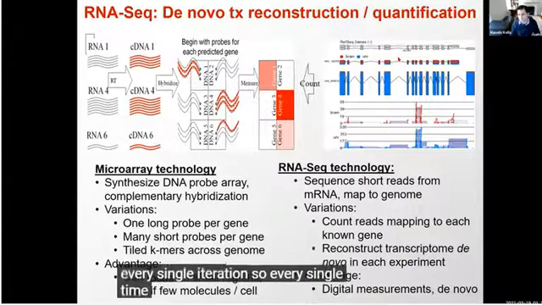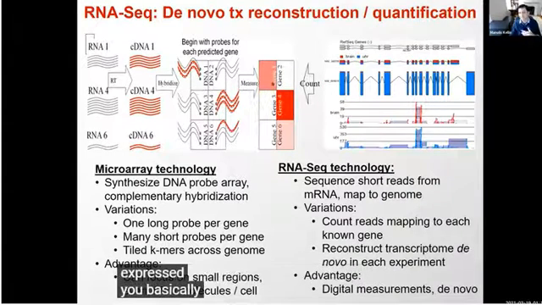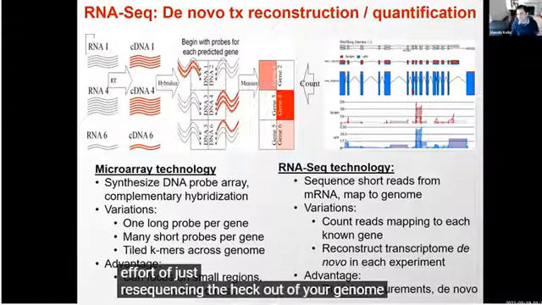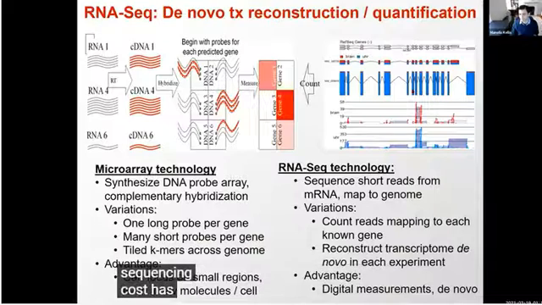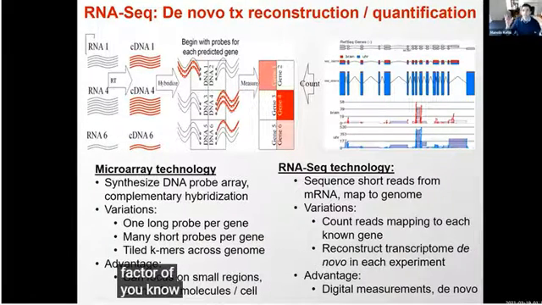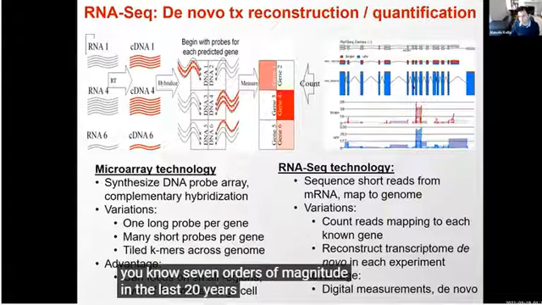So every single time you want to figure out which genes are expressed, you basically go through this wasteful effort of just resequencing the heck out of your genome. And this is only possible because genome sequencing costs have dramatically dropped by a factor of 7 orders of magnitude in the last 20 years.